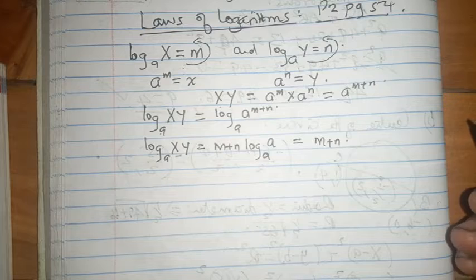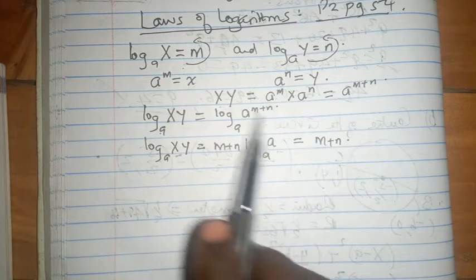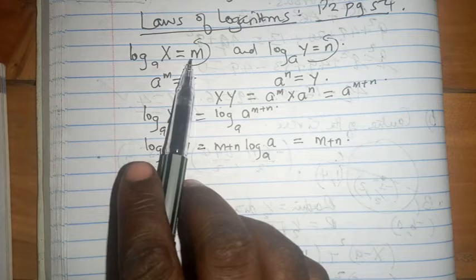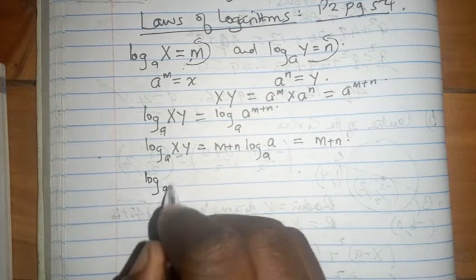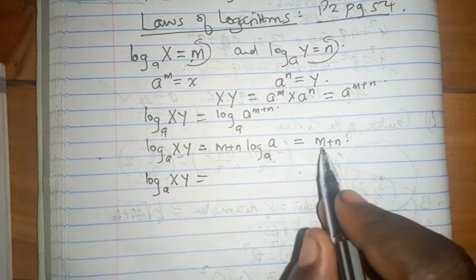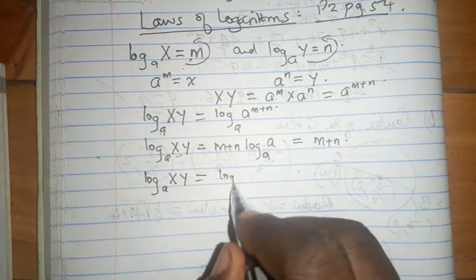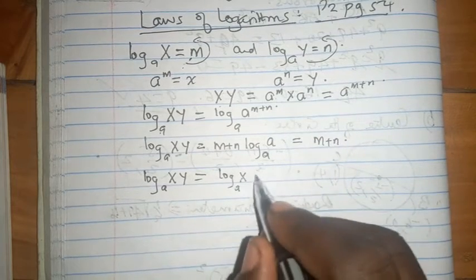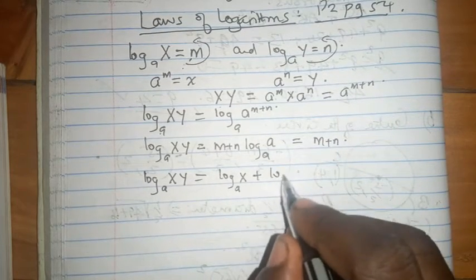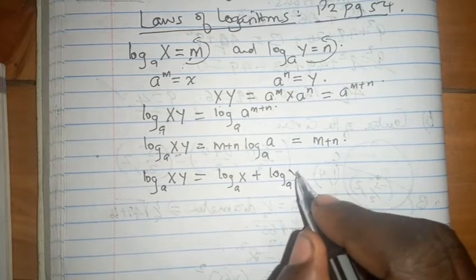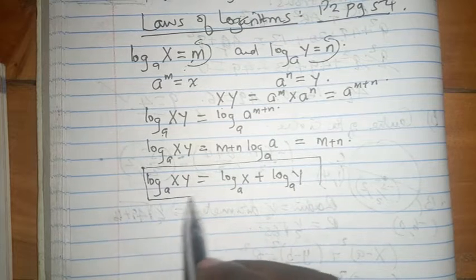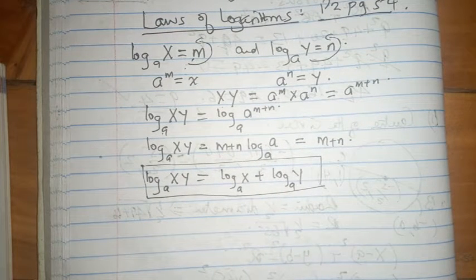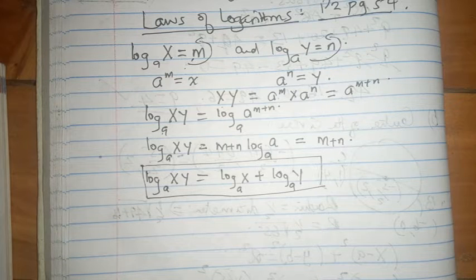If you go back to the original values of m and n, you will realize that log to base a of xy is equal to log to base a of x plus log to base a of y. This is the very first law, and you can rewrite it in any way.